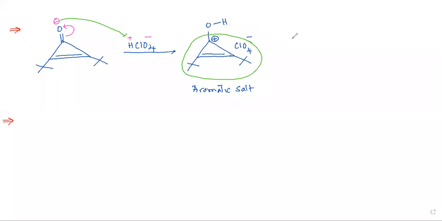We can also consider halides. Take silver nitrate. Now we know that this can actually form silver bromide. Right? Now look at what happens.